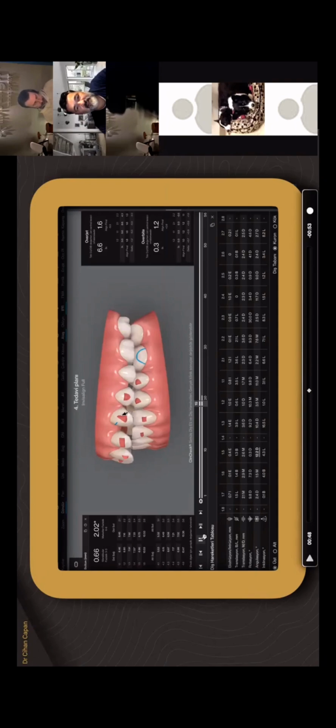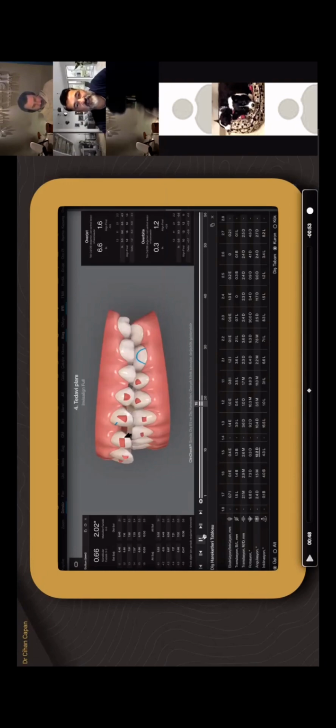But the thing is, I'm doing distalization on the left side. There was a space because we extracted the supranumeral lateral, and you will see from the occlusal better, we have a huge distalization of these lateral teeth. Look at the number. We have 9.3 millimeter distalization.